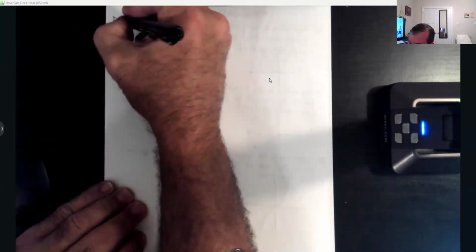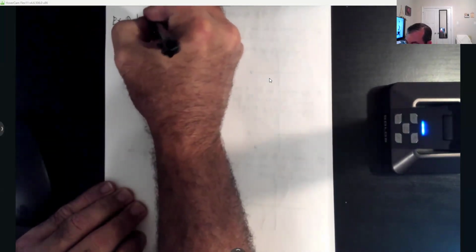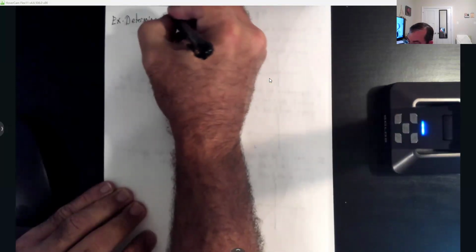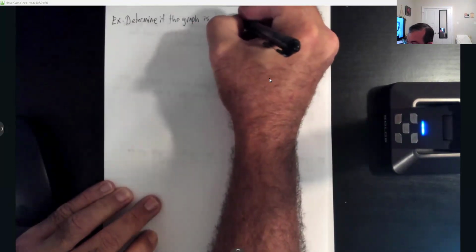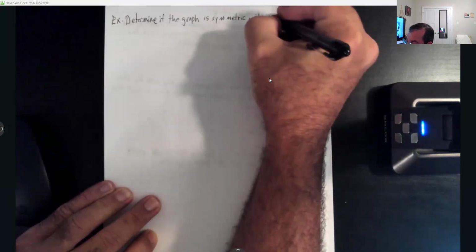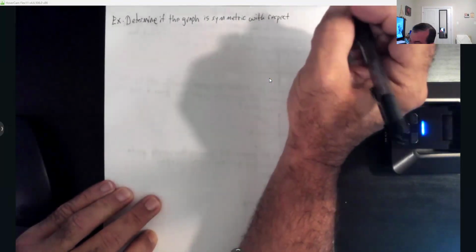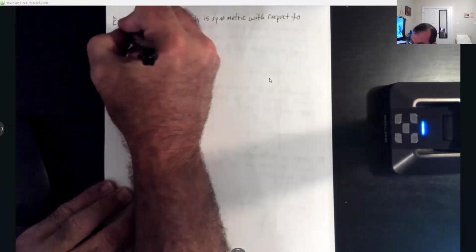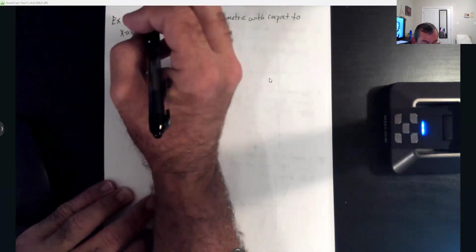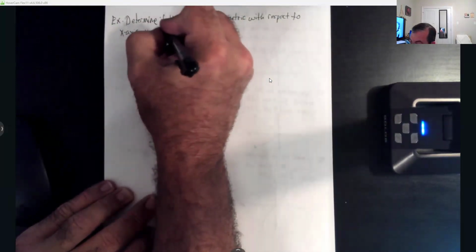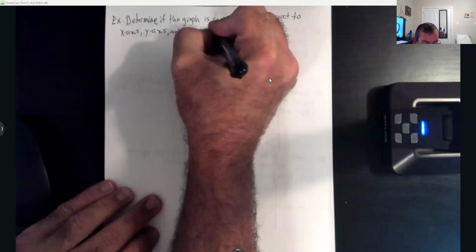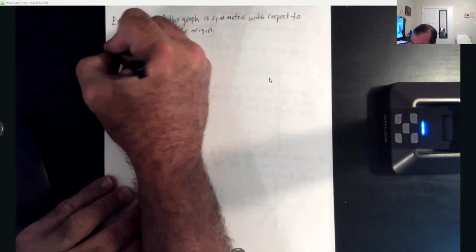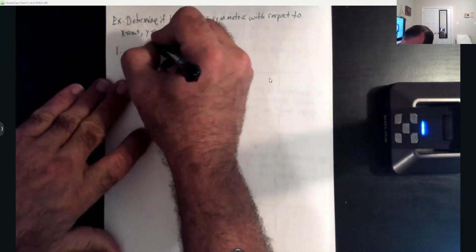So the first three want us to determine if the graph is symmetric with respect to x-axis, y-axis, and or the origin. All right, y'all, so let me try to draw this first one they got.